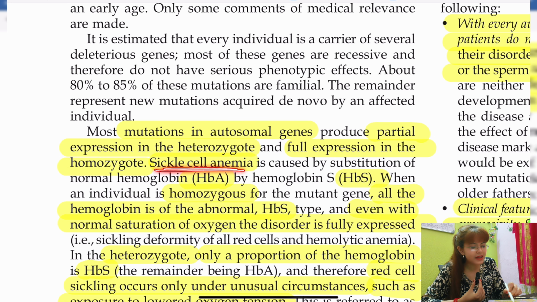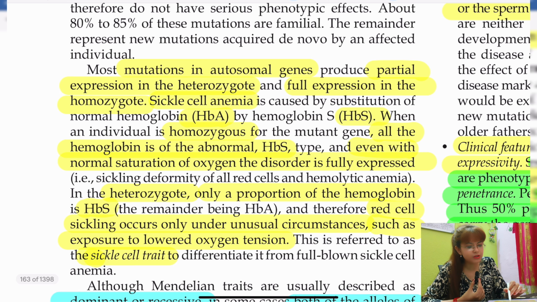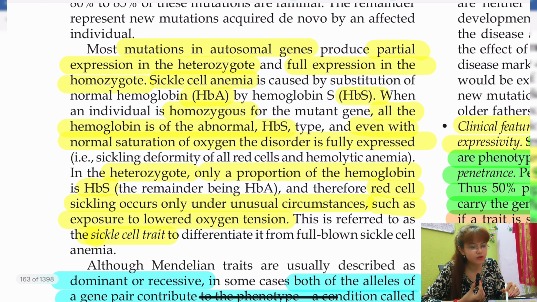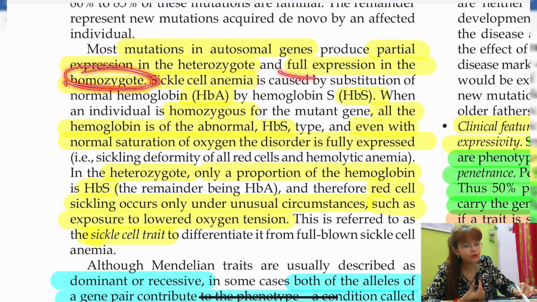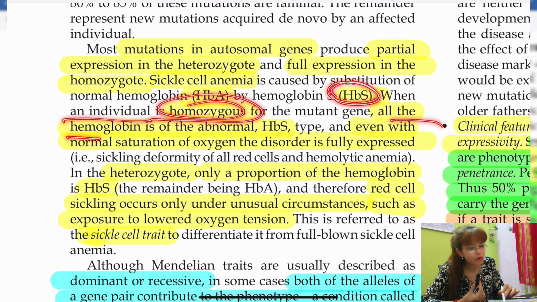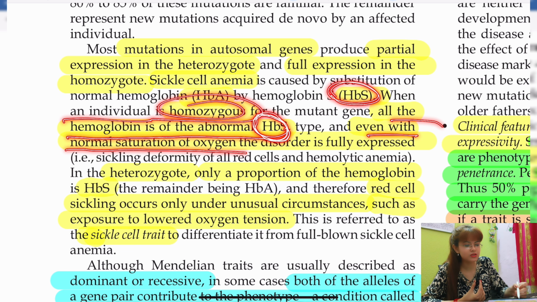For example, in sickle cell anemia, you know that it is because of substitution of hemoglobin A by hemoglobin S. But listen to this very carefully. When the individual is homozygous, as I've said, homozygous means there is full expression. So when the individual is homozygous for hemoglobin S, then all the hemoglobin is abnormal, of the HbS type, and even with normal saturation of oxygen, the disorder is fully expressed.